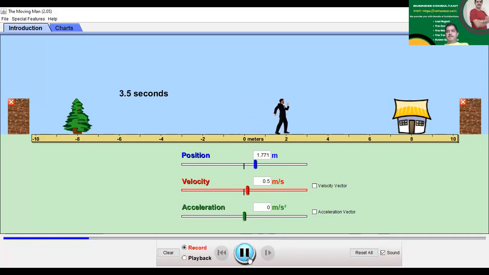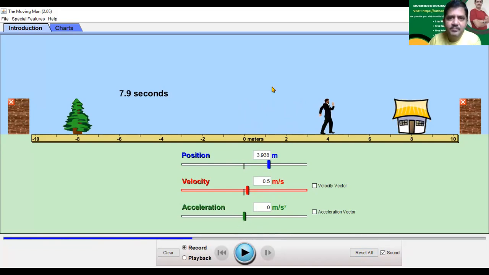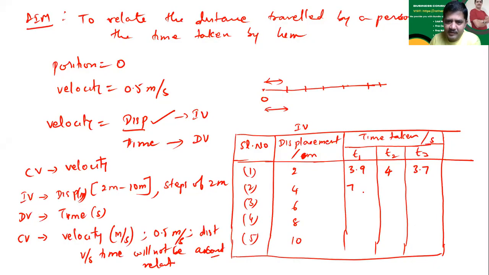It is nearing. 7.9 seconds. Four meters, 7.9.